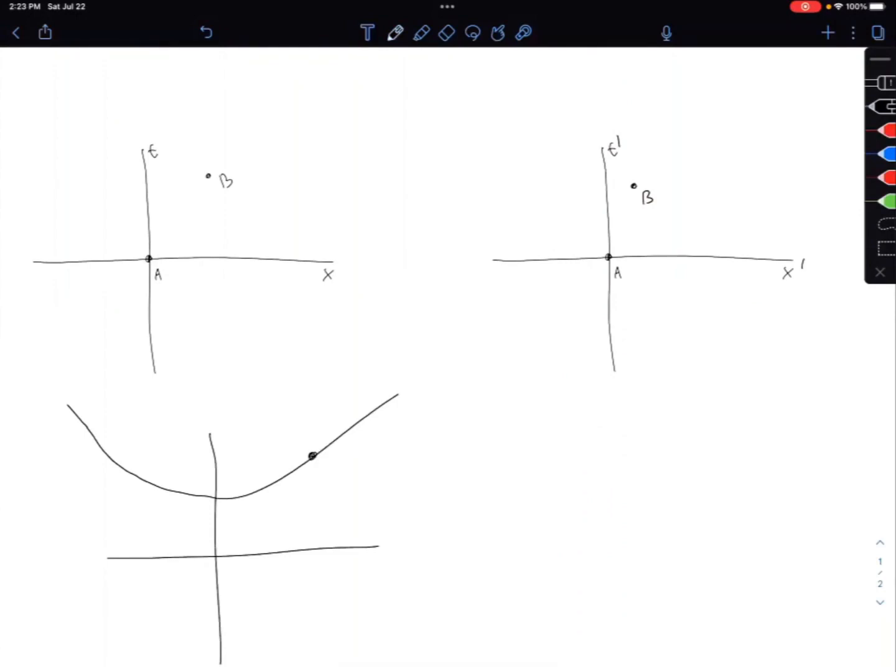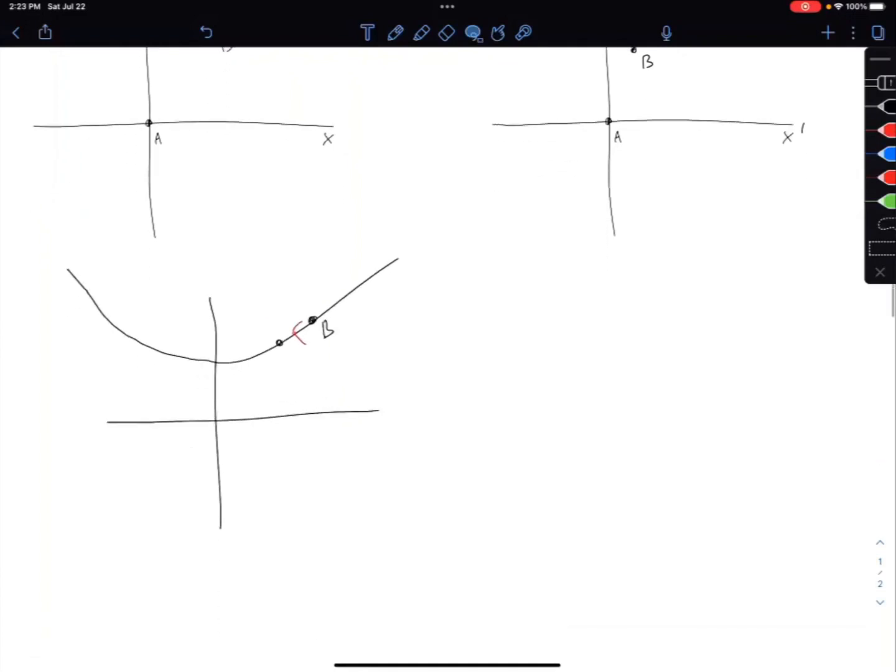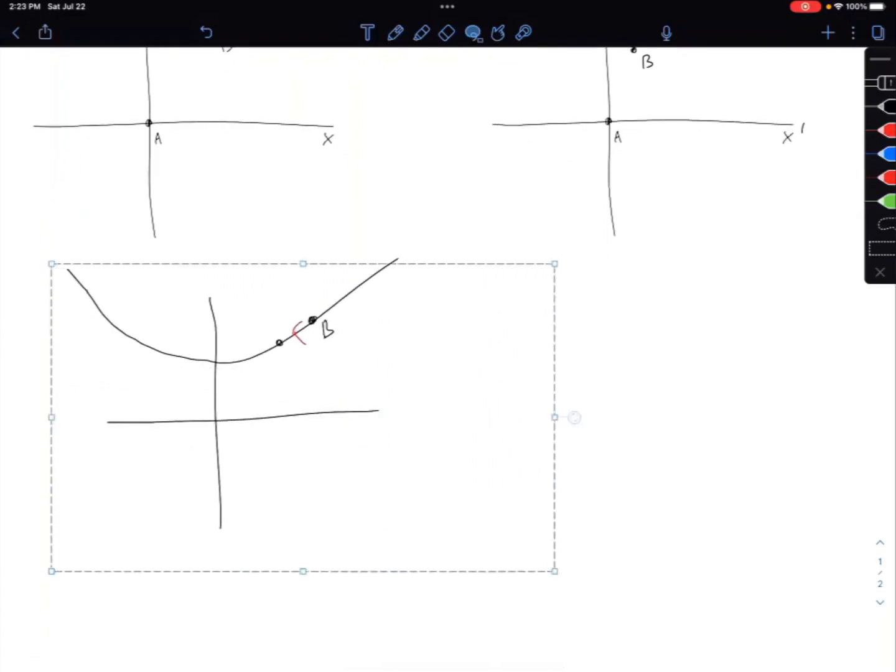So if this is the event B in the unprimed frame, in the primed frame it will move to here. Okay? But it's still the same underlying event. I should still call it B. It's like maybe a light bulb pops there, right? Or something like that. That's the same underlying physical event, just different coordinates are assigned to it in different frames.